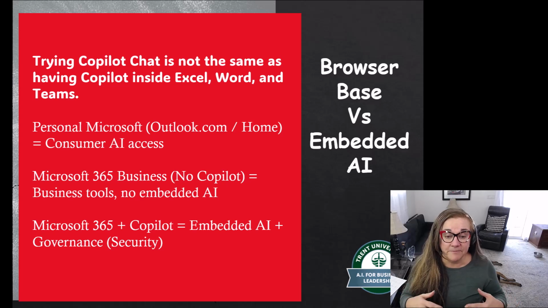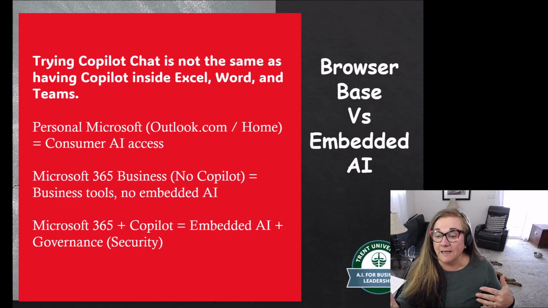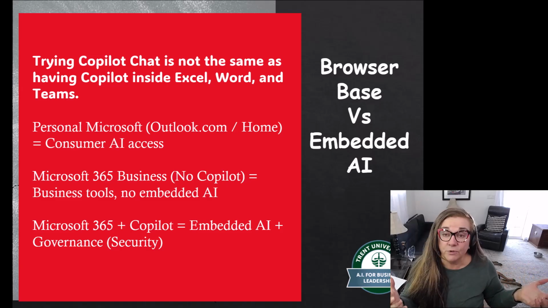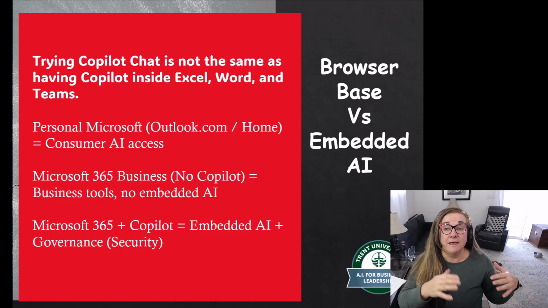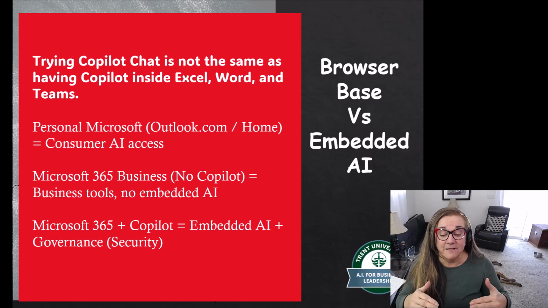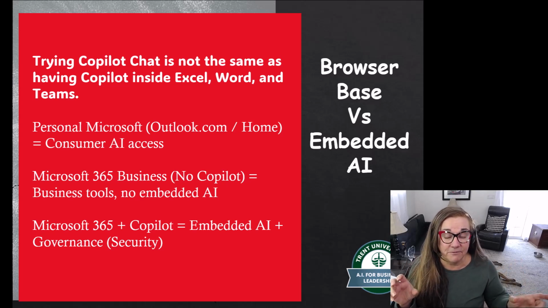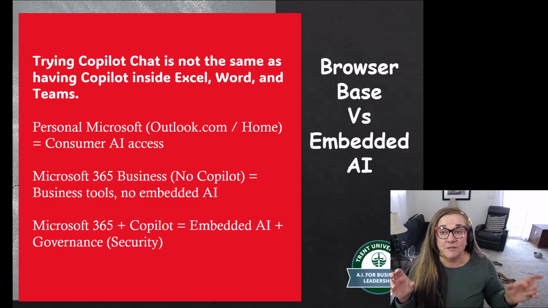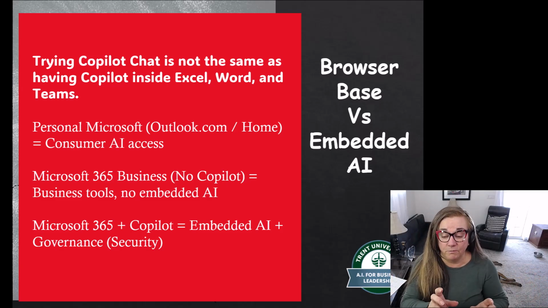Same thing with Copilot. If you have Microsoft, it doesn't mean you have Copilot. If you have Microsoft, you might be using Outlook, Word, all of the other Microsoft tools, Teams even, but that doesn't mean that you have AI. If you upgrade your Microsoft to Microsoft 365 Business, you want to do that, but you still don't have access to AI. It's not embedded until you add Copilot to Microsoft 365, and you have to have a minimum of Microsoft 365 in order to have Copilot.